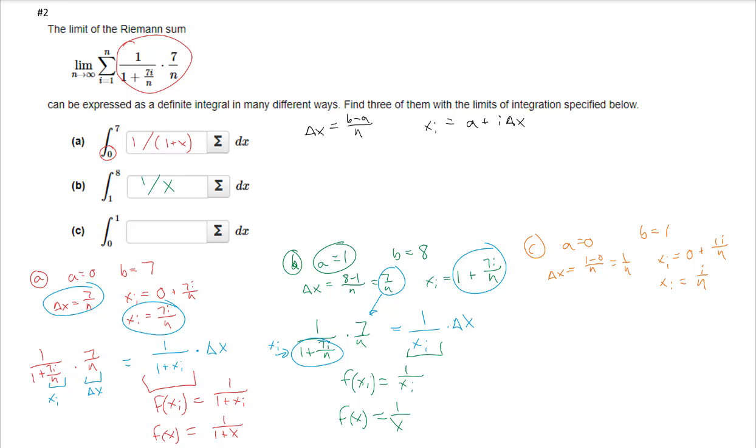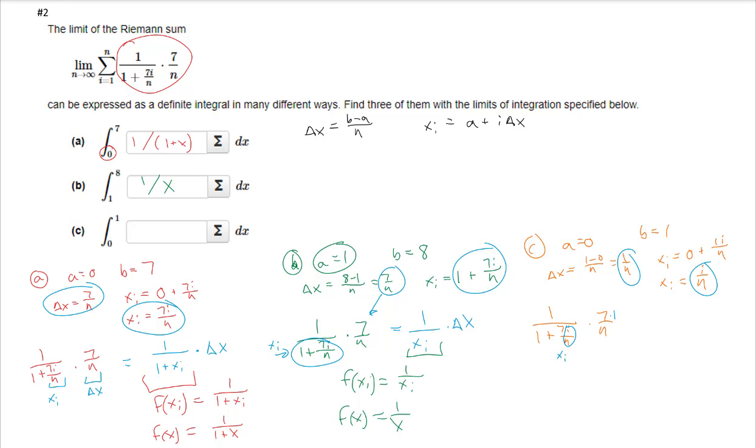Okay, so now if we go to our function, which is 1 over 1 plus 7i over n times 7 over n, we need to find our i over n and our 1 over n inside of there. Now, in order to do that, I need to put a 1 that's not written right there. Okay, so I have my i over n, that is right there.